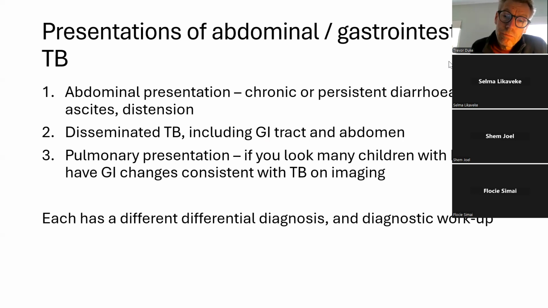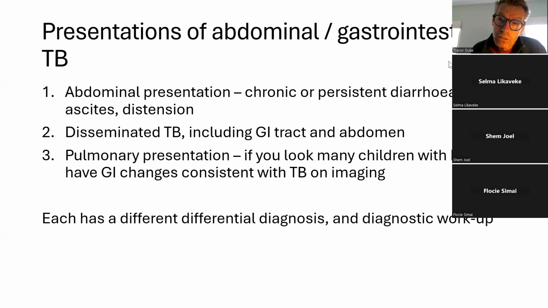Many children with abdominal tuberculosis present with abdominal distension. That's often why they present, because the parents or they feel uncomfortable about their marked abdominal distension, often because of ascites. But they often also have gastrointestinal tract abnormalities, like chronic or persistent diarrhea or malabsorption, especially.